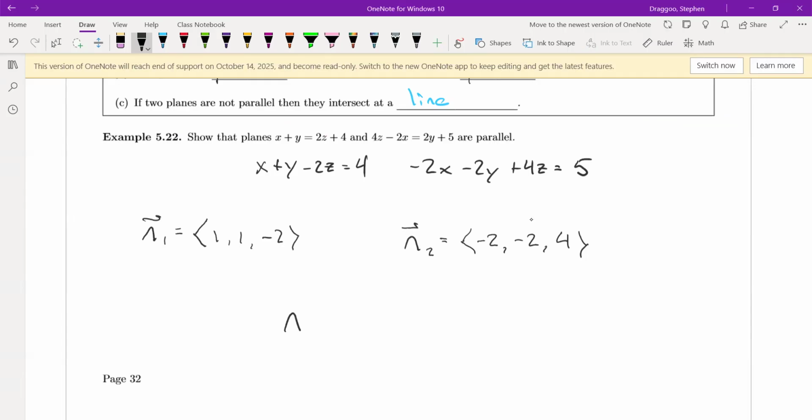And then it looks to me like n2 is just equal to -2 times n1. If I just compare those two normal vectors, they are parallel. Right, in order for two vectors to be parallel, I just need one to be a scalar multiple of the other. And that's what we have right here.